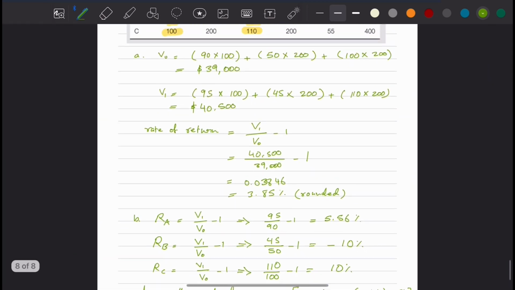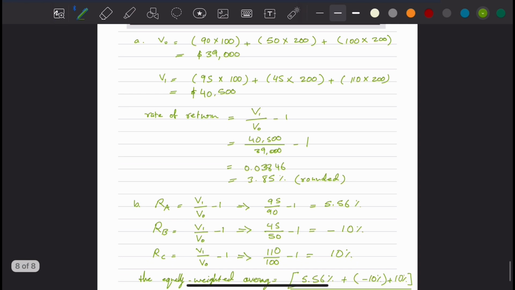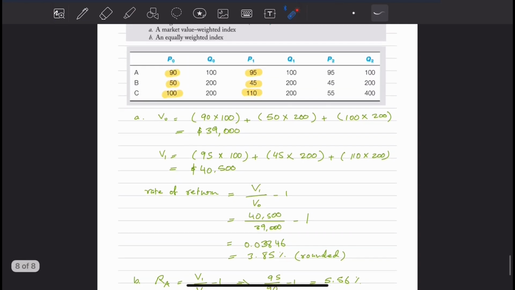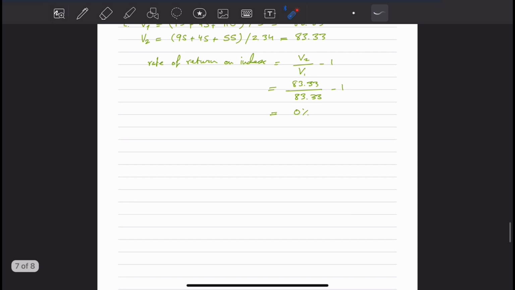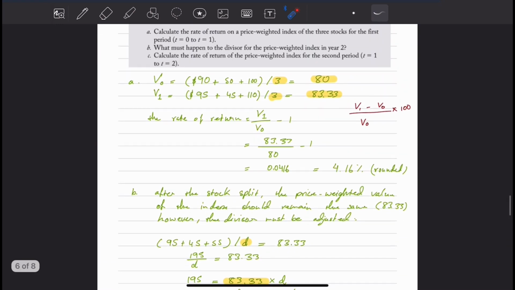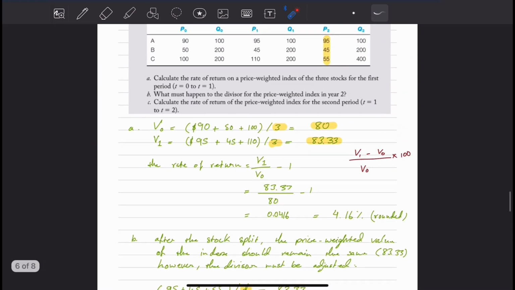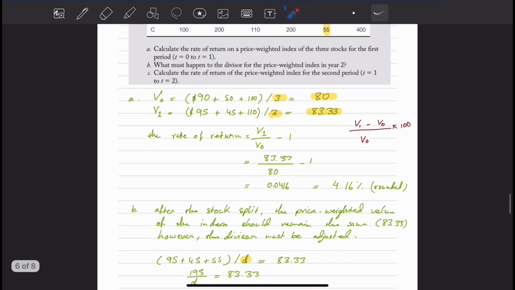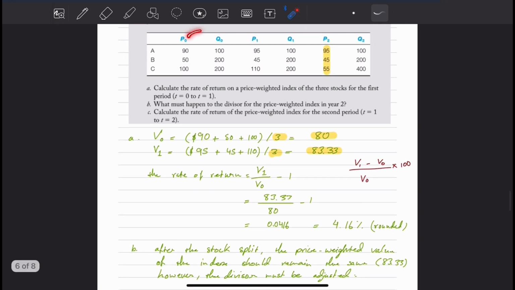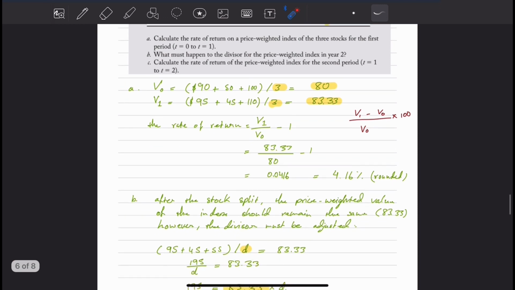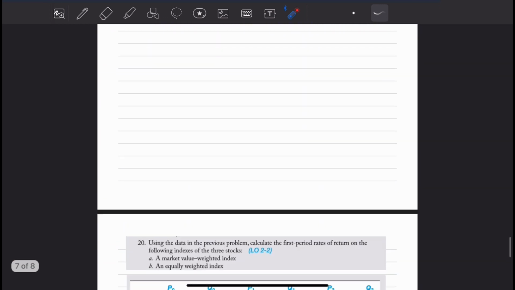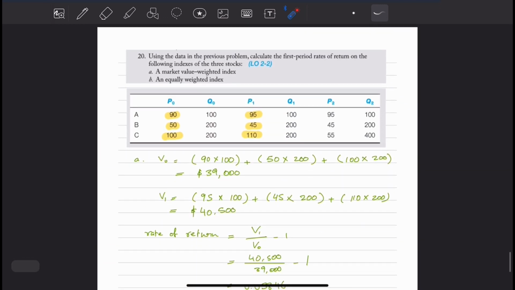So going back, notice the differences here. If you remember, the rate of return in the previous exercise when we used a price-weighted index was 4.16%. That was the rate of return on the index between time 0 and time 1. Now notice the difference here when we assume a market value weighted index.